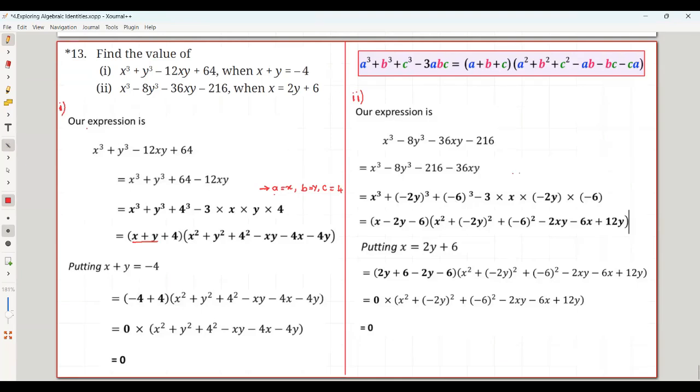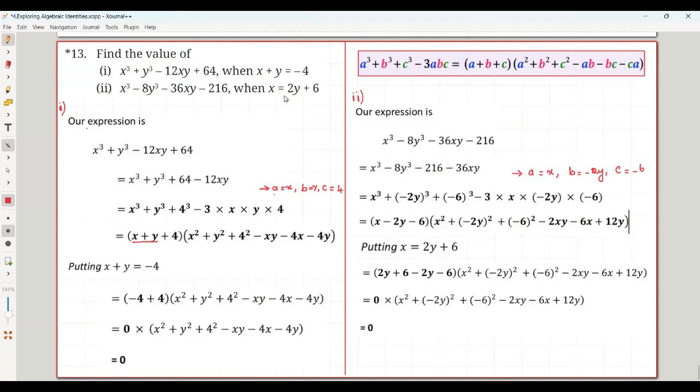From this, a is equal to x, b is minus 2y and c is minus 6. Substitute in the formula in the place of a, b, c and simplify. We are getting a plus b plus c, that is x minus 2y minus 6.